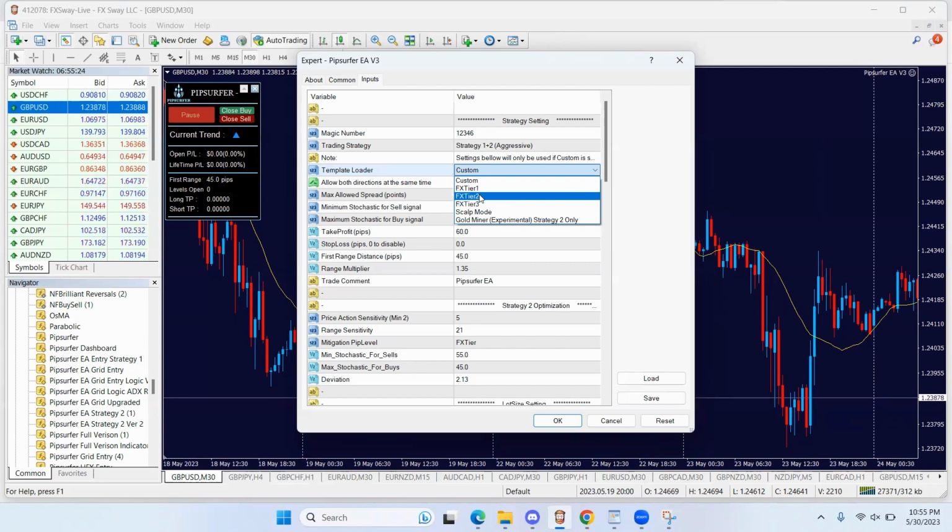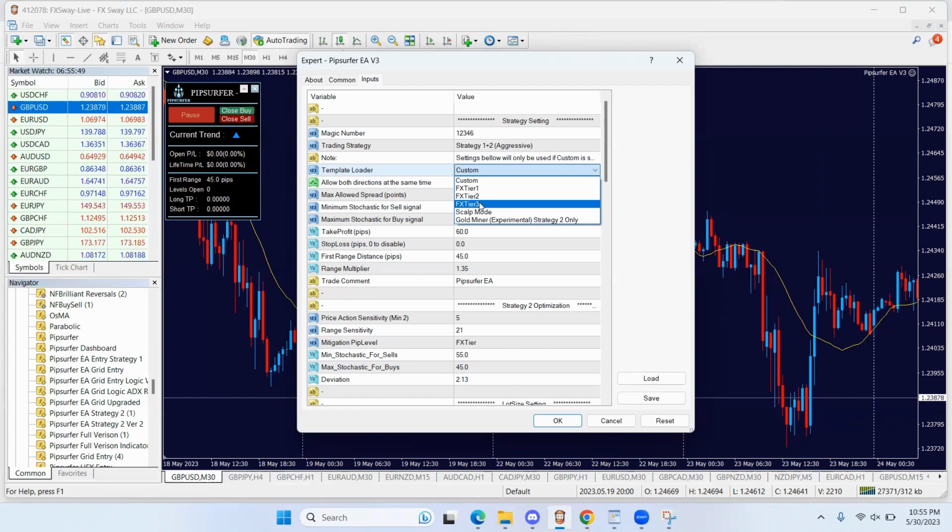Tier 2 is going to be your mid-volume pairs. So pairs like Euro USD or AUD JPY or USD CAD or Swiss franc Japanese yen, stuff like that, where maybe their range is between 60 and 110 pips per day. Then you're going to have FX tier 3, which are your high volatility pairs.